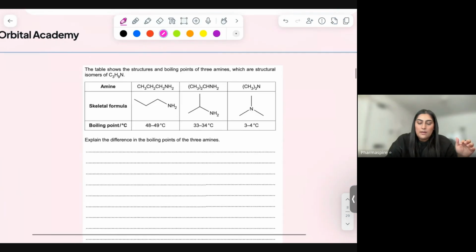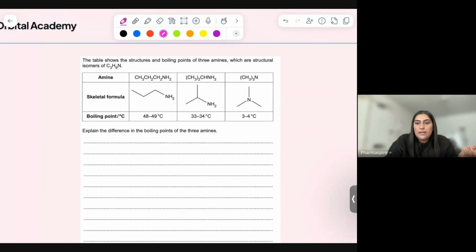Cool. Obviously I'm going to quickly go through the branching of it. Can everyone talk to me about the order of branching? What sort of amine is that? Primary, secondary, tertiary? Exactly, tertiary. So what bonding doesn't it have compared to the other ones? Exactly.